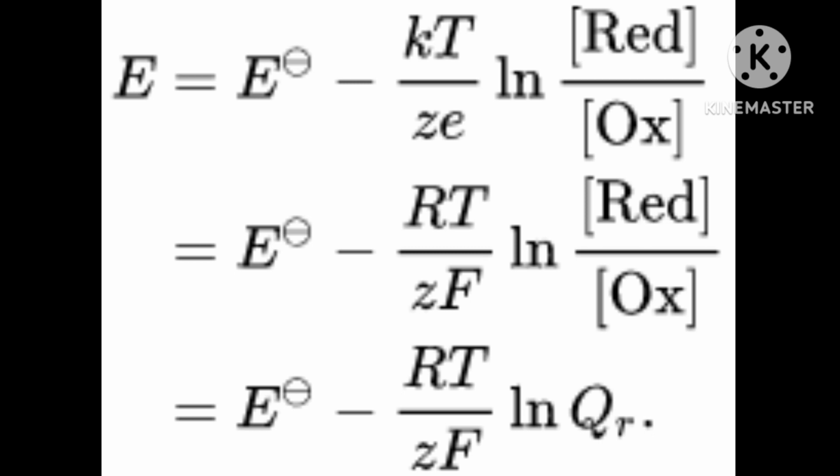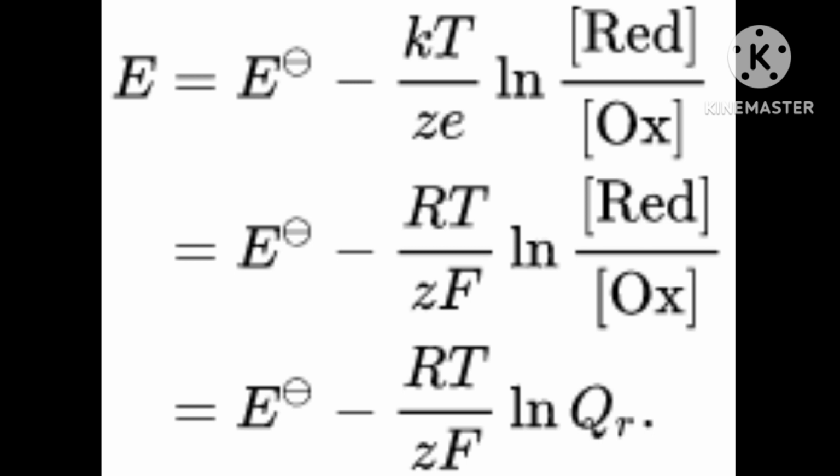Now in the place of Q you write this expression K, that is the dissociation constant, the molar concentration of products divided by the molar concentration of reactants.